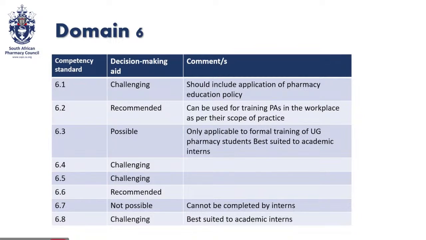I wouldn't recommend that you attempt 6.4 or 6.5. 6.7 is not possible. It cannot be completed by interns because you have to supervise other researchers, so it's not possible for an intern to do that. And again, 6.8 is also a bit challenging, but it can be done by academic interns.